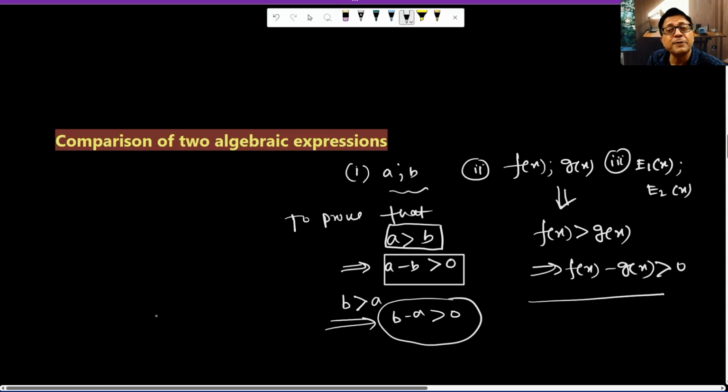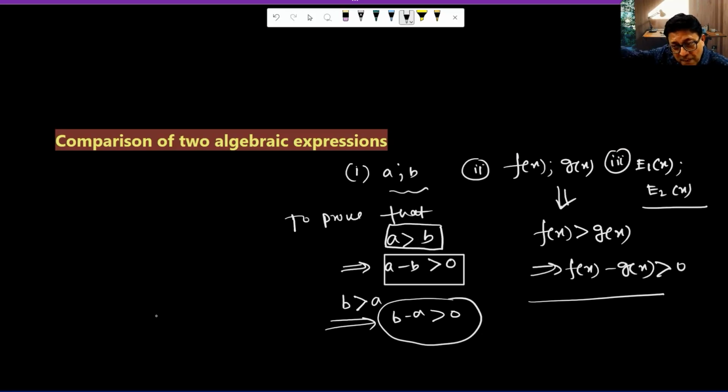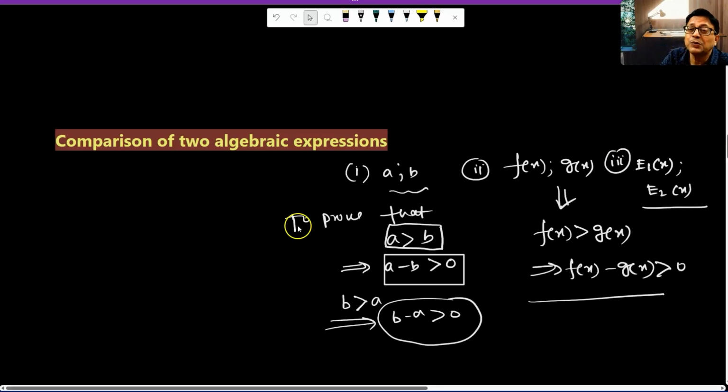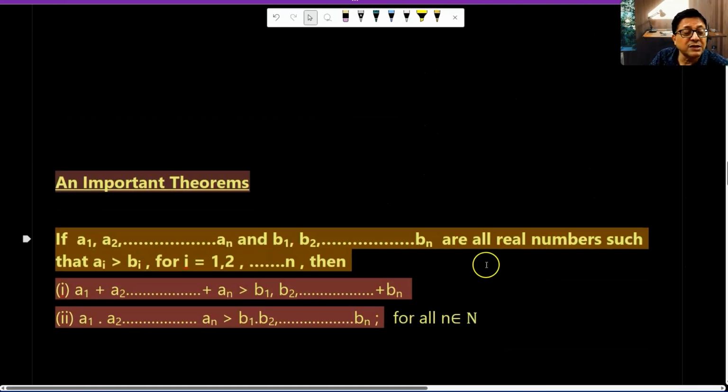For any two algebraic expressions, this is the case. To prove greater than 0, we prove that the difference is positive. To prove less than 0, we prove that the difference is negative. Clear? In this context, let us learn one important theorem here.